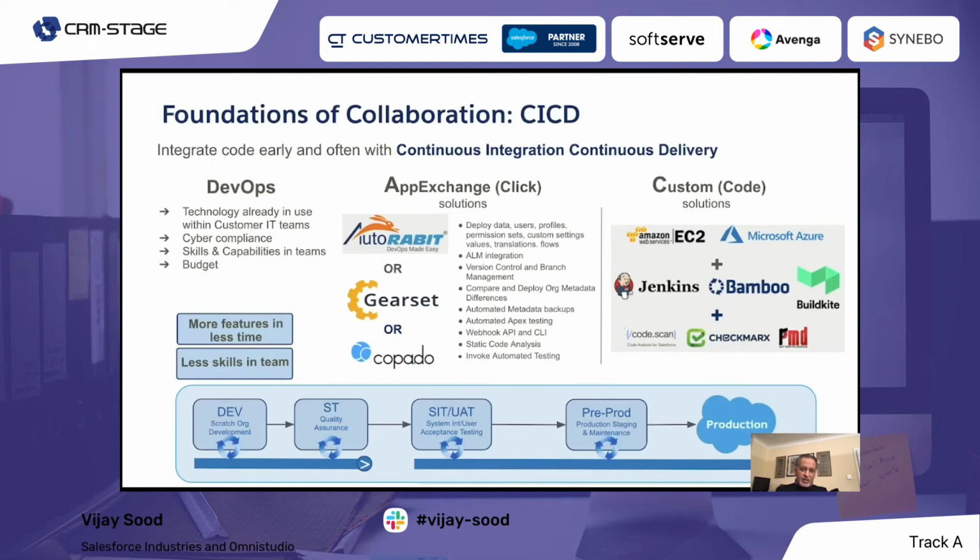On top of that, there are third-party tools that you can use, like Copado, AutoRabbit, or Gearset, that have the capabilities built in for version control and automated metadata integration, but they do pick up the OmniStudio capabilities and bring them across the different environments from dev to production.